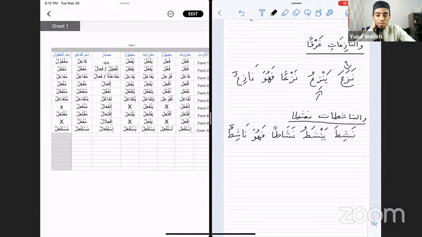So gharqan means to drown, to be completely engulfed in something. So the nashitat or the nazi'at are those angels who forcefully rip out the souls in such a way it's like a thorn being pulled out of cotton, and that's where gharqan comes in.